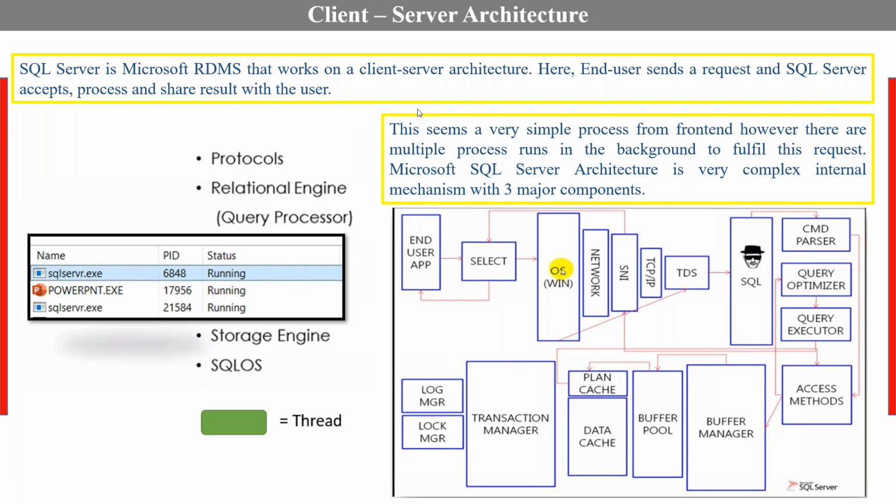When you connect to any e-commerce application like Flipkart, Amazon, or Snapdeal and place an order, you are sending one request, right? Somewhere your order needs to be stored, right? So assume your Flipkart backend is SQL Server. The front end is Flipkart, which is developed in Java, .NET, or PHP. That is the client where you are trying to access SQL Server.